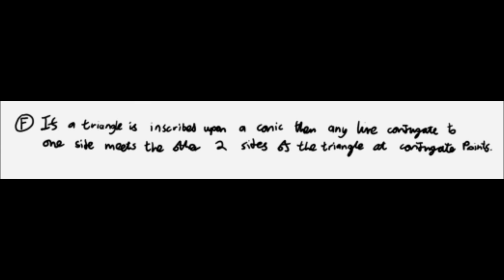So in other words, any line conjugate to one side of a triangle is going to meet the other two sides of the triangle at conjugate points.